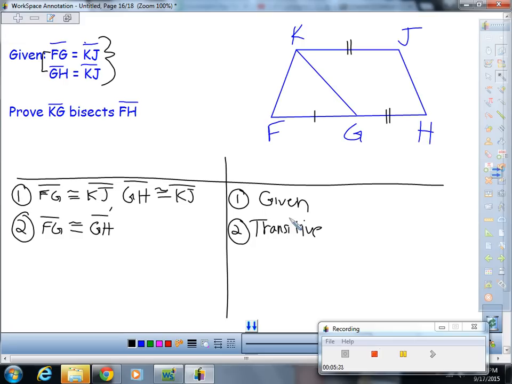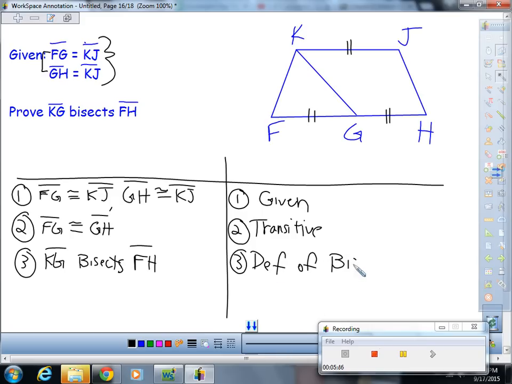Well, now that I know FG is congruent to GH, I can say that KG bisects FH by the definition of bisect. So there you'll see how we'll use transitive in a proof.